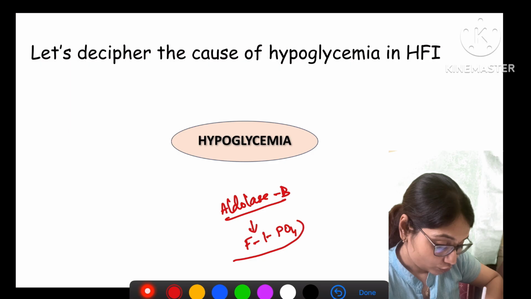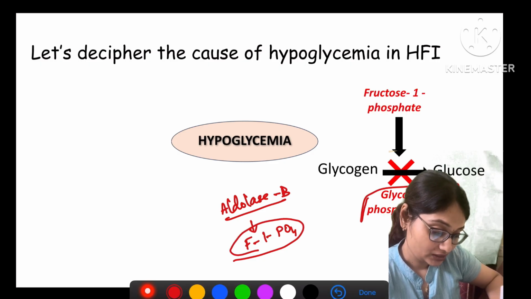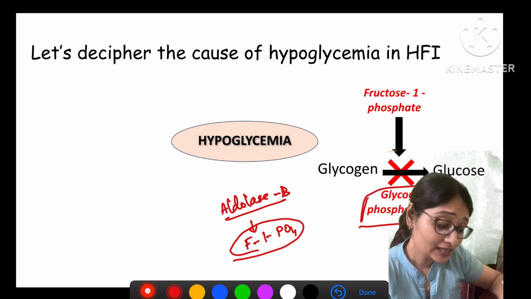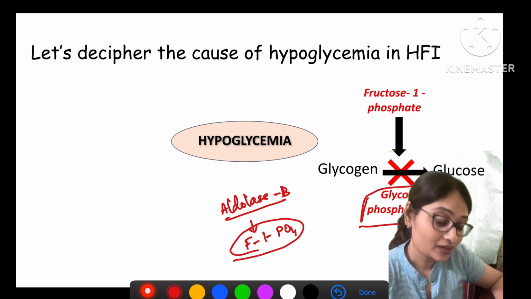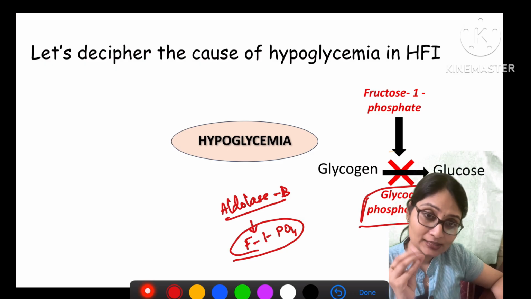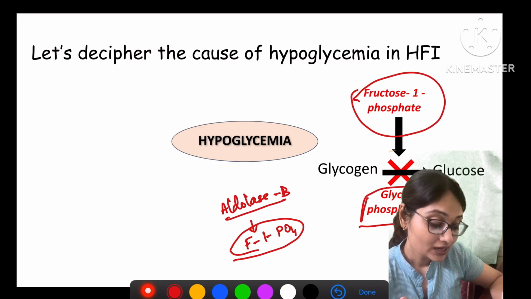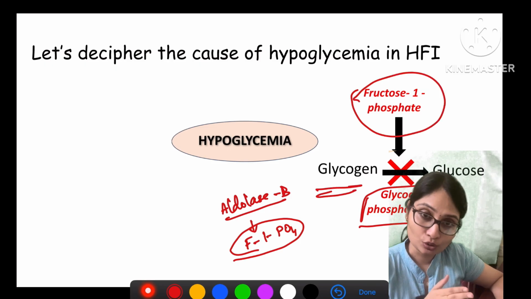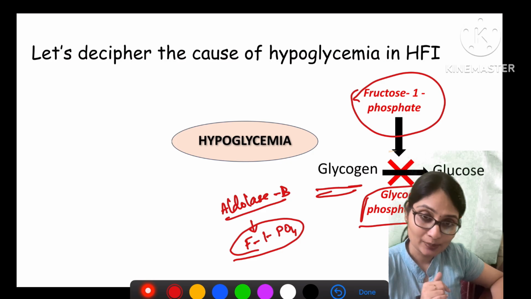This fructose 1-phosphate inhibits glycogen phosphorylase, a key regulatory enzyme of glycogenolysis. Since glycogen phosphorylase is allosterically inhibited by fructose 1-phosphate, glycogen cannot be broken down to glucose, so the baby ends up getting hypoglycemia.